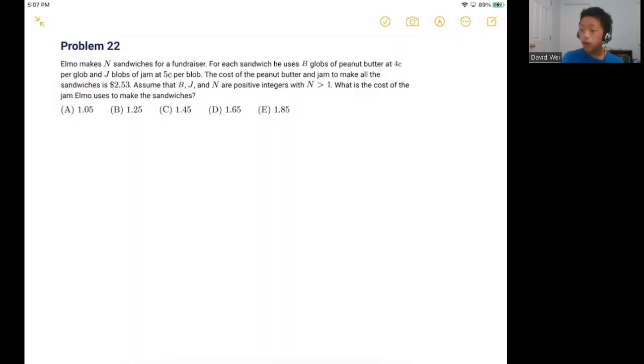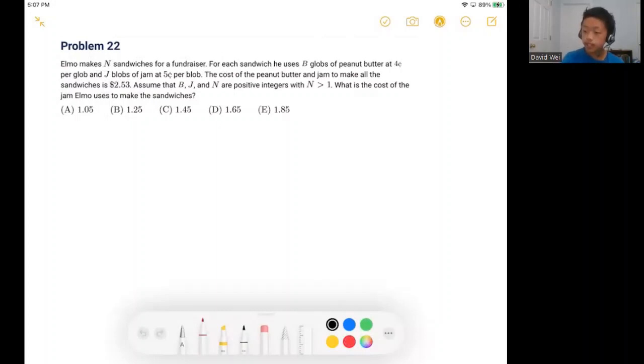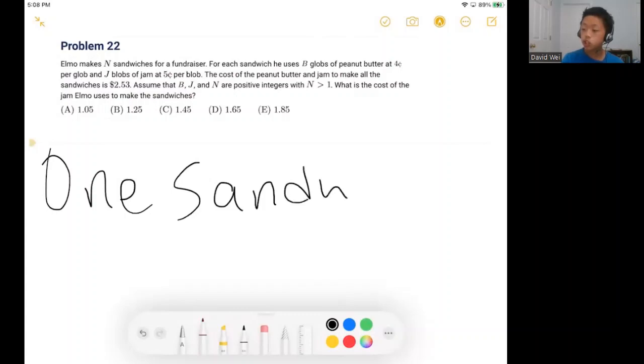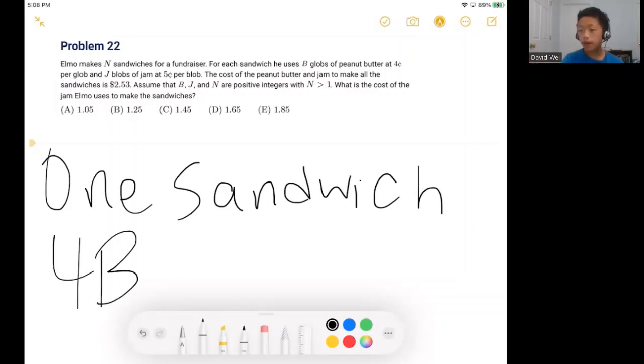This question is a pretty straightforward word problem. You just have to go step by step. Let's look at one sandwich at a time. For one sandwich, you use B globs of peanut butter at 4 cents per glob, so you do 4 times B. That represents the money for the peanut butter.